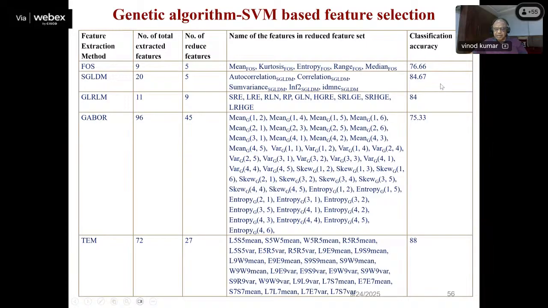So this gave us clearly a picture that all these features are giving us quite high classification accuracy. Combining these, the overall accuracy can be improved. We used other methods also where the classification accuracy was very poor, so we have not considered those in this.